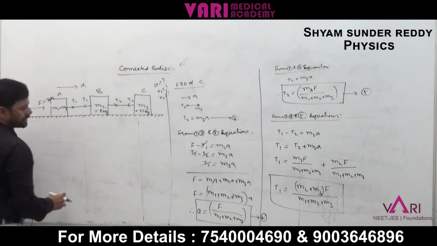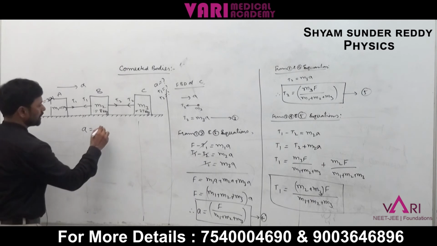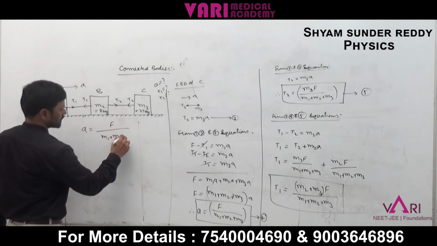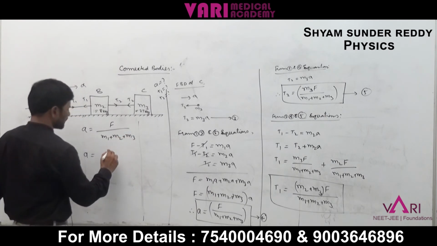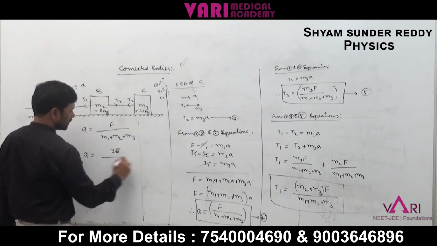See that first, we want the A value. A is equal to F by M1 plus M2 plus M3. A is equal to, F is nothing but 36 newtons. F is equal to 36.